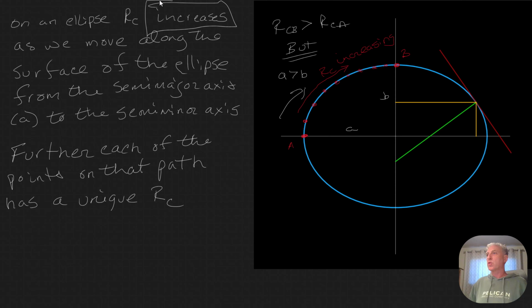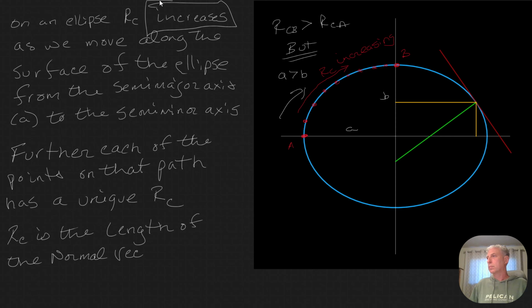And the other observation, and this is very subtle, is that the radius of curvature is the length of the normal vector to the curve at that point.